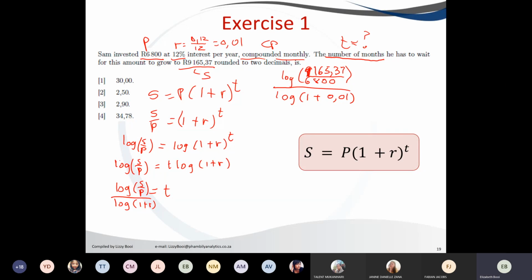0.01 and close the bracket, and you will have the log of 9165.37 divided by 6800, divided by the log of 1 plus 0.01.